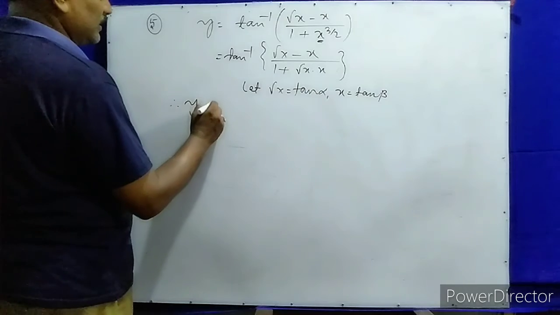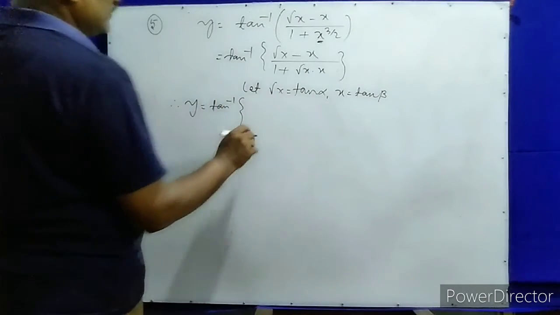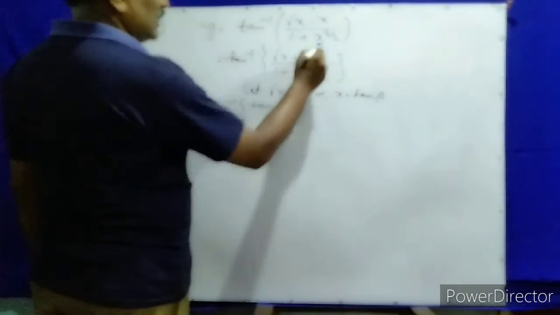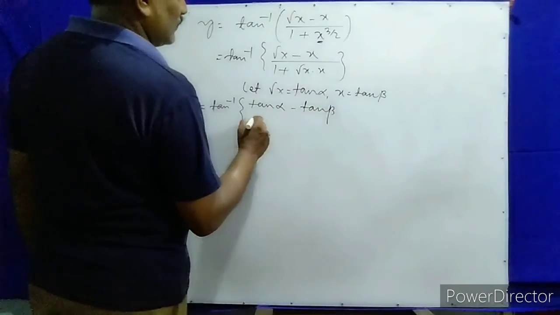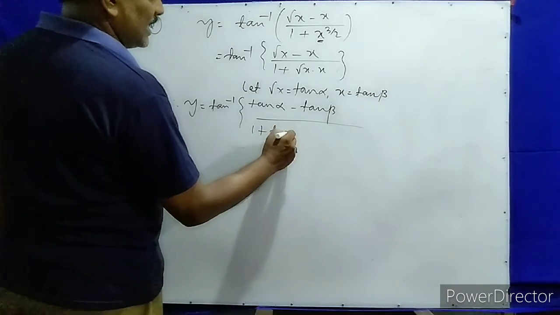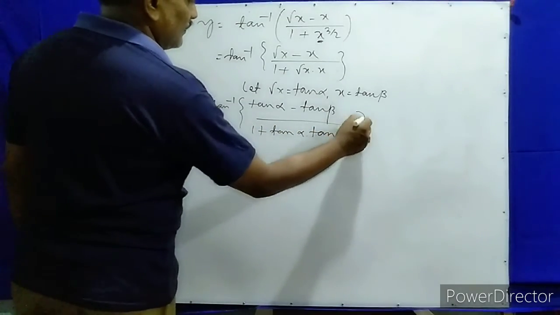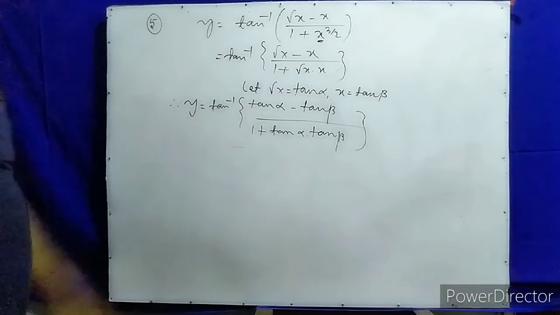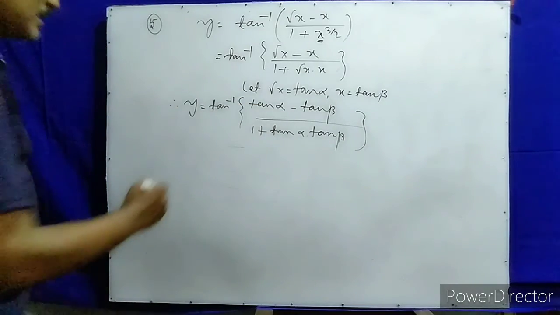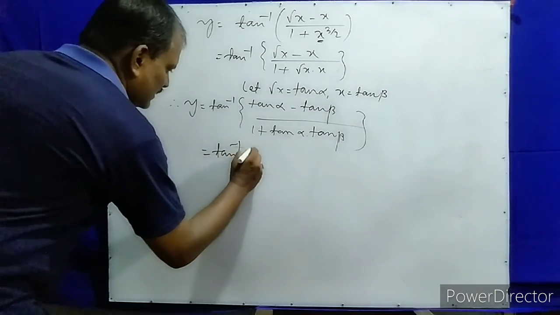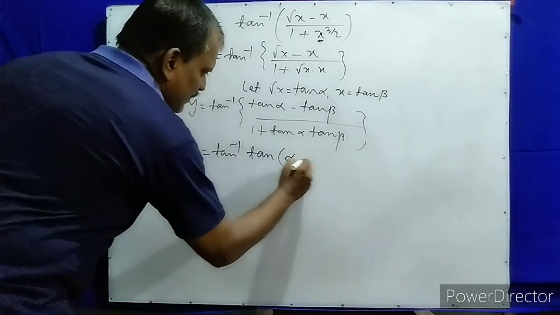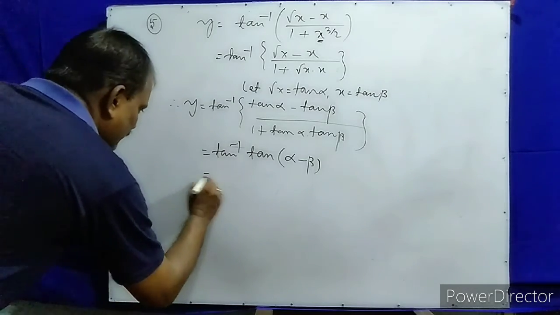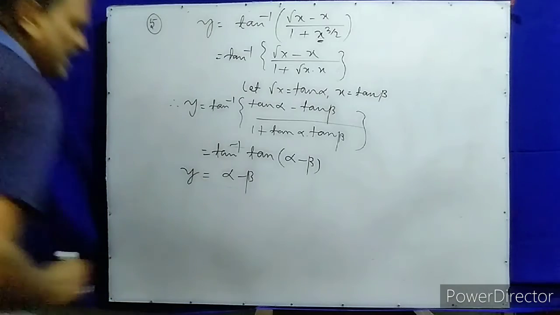Therefore y equals tan inverse of tan alpha minus tan beta by 1 plus tan alpha into tan beta. This is the tan(a minus b) formula, so you get tan inverse tan(alpha minus beta), which means alpha minus beta. So here y equals alpha minus beta.